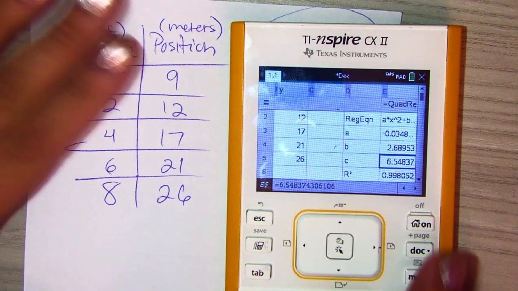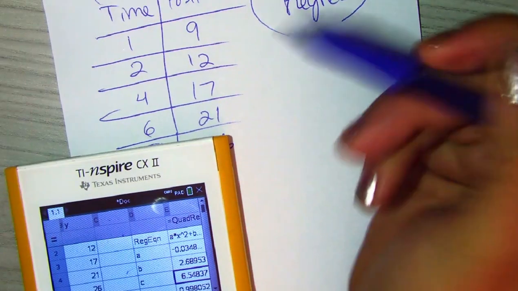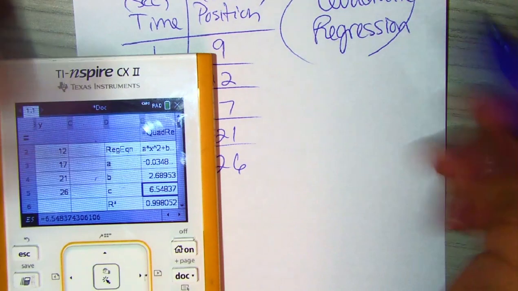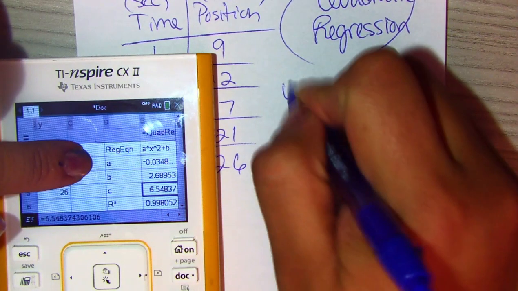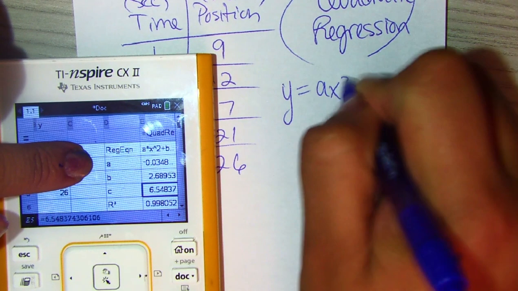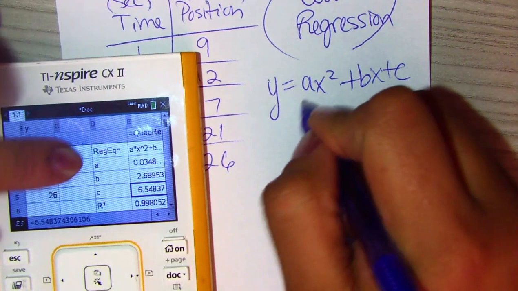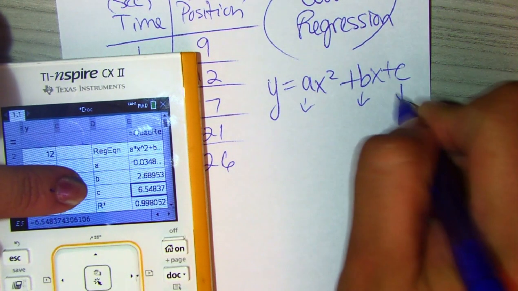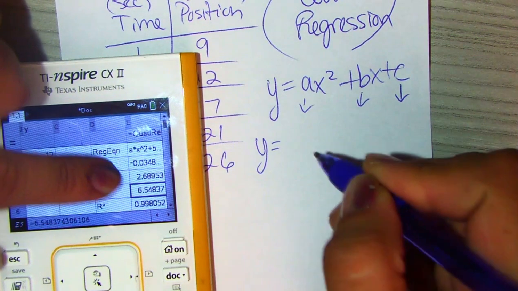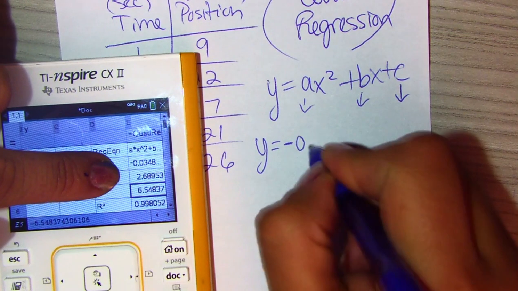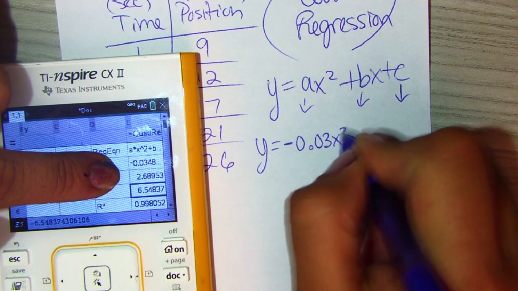And in class, I mentioned to write this equation and just look at 2 decimal places, kind of like money. So the equation has to look like standard form. And you just got to grab the A value, B value, and C value. So for A value, it looks like it's negative 0.03 x squared.